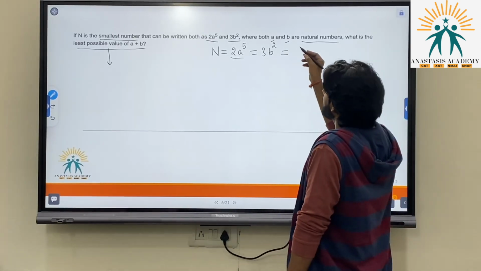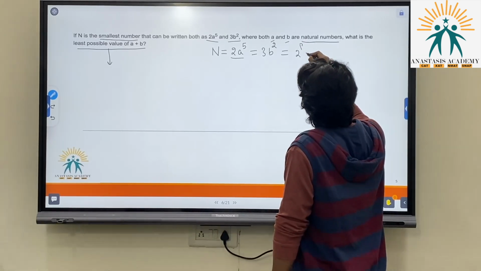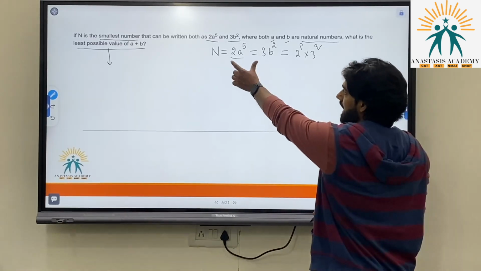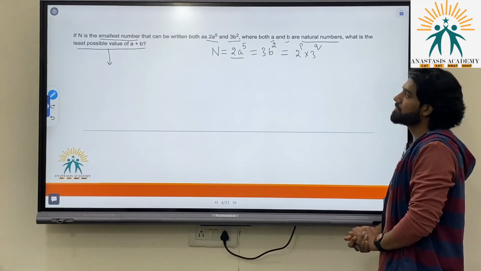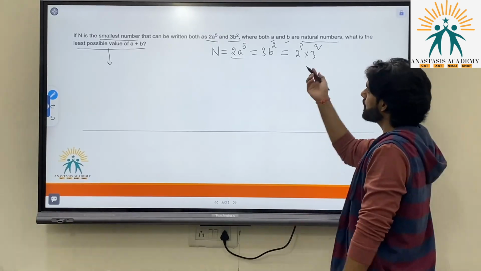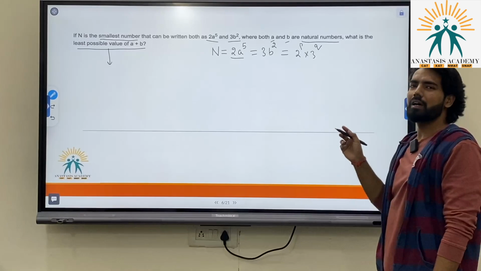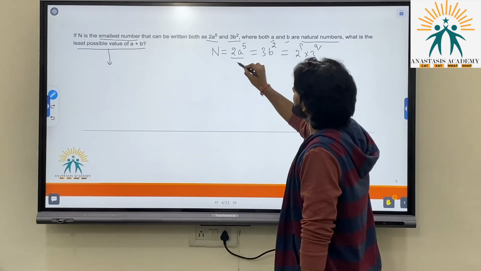So I can say n will be of the form 2 raised to the power p into 3 raised to the power q, as I can write it as a multiple of 2 and as a multiple of 3, so it will be a multiple of 2 into 3. So I've taken n as 2^p times 3^q.